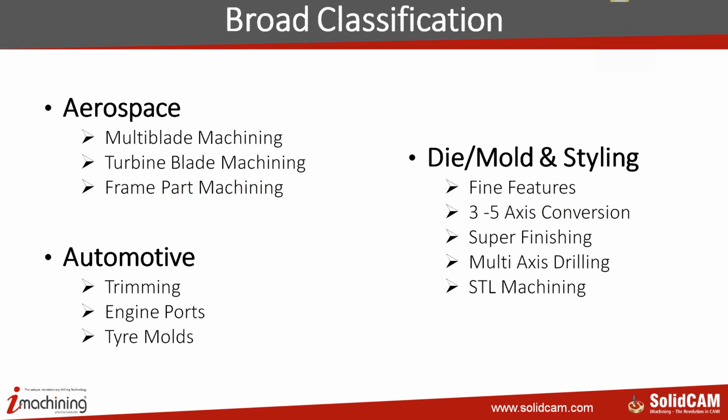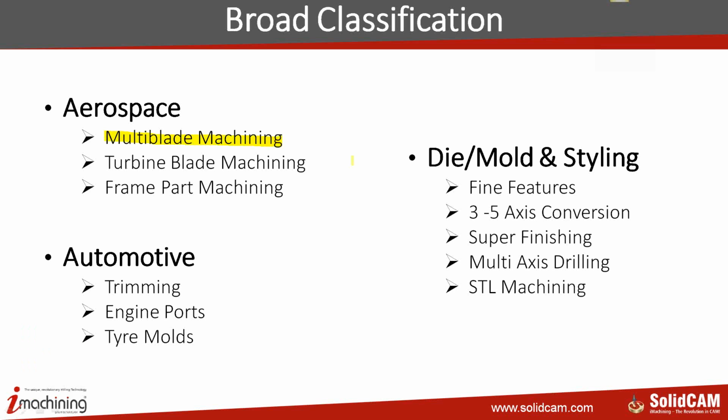I've taken that entire list and put it across 3 major areas, where I've classified the features according to their application industry. For example, we have some very new stuff called multi-blade machining, which I have put as an application meant for aerospace.